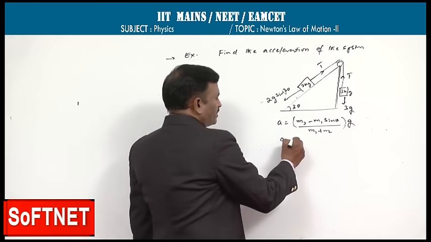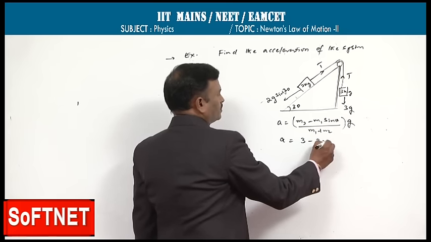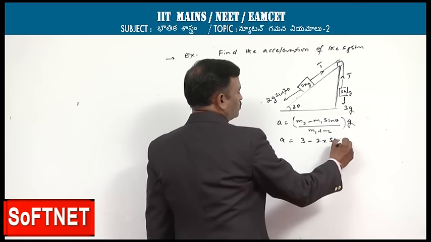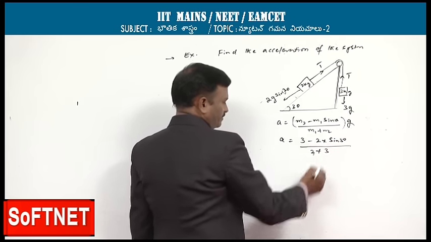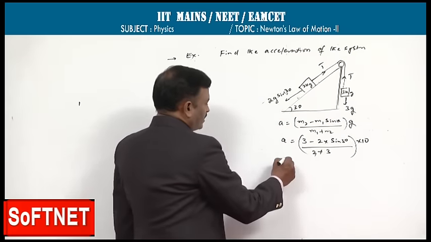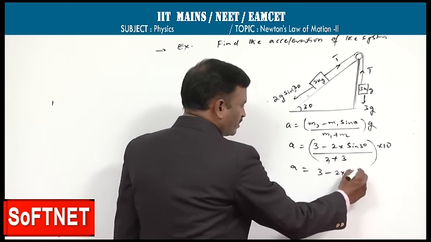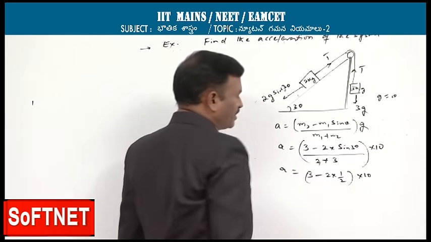So the direct method is m2 is 3 minus m1 is 2 into sin 30, sin 30 is 1 by 2, by 2 plus 3 into 10. Here a is equal to 3 minus 2 into 1 by 2 into 10, as we are taking g as 10 meter per second square.